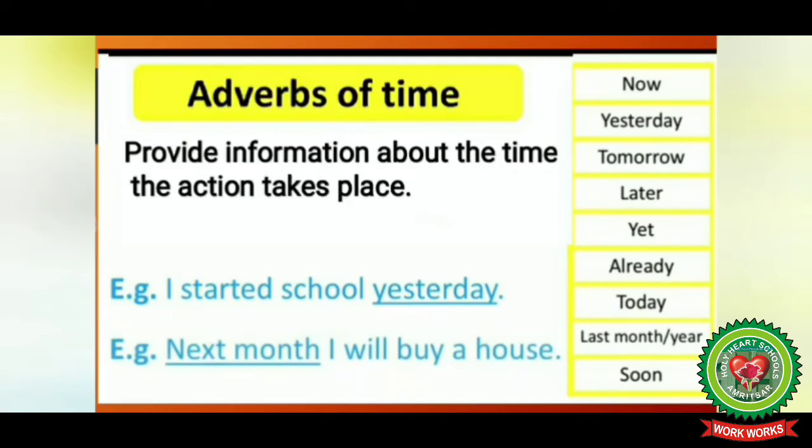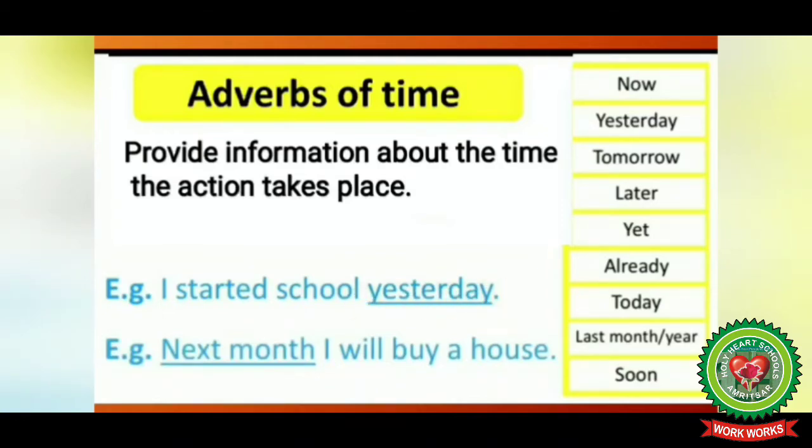The different words used for adverbs of time are now, yesterday, tomorrow, later, yet, already, today, last month or year, soon. For example, I started school yesterday. So when did I start school? Yesterday.